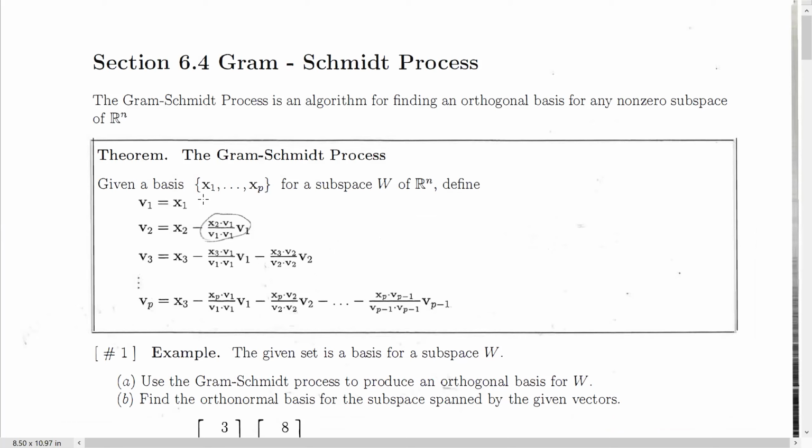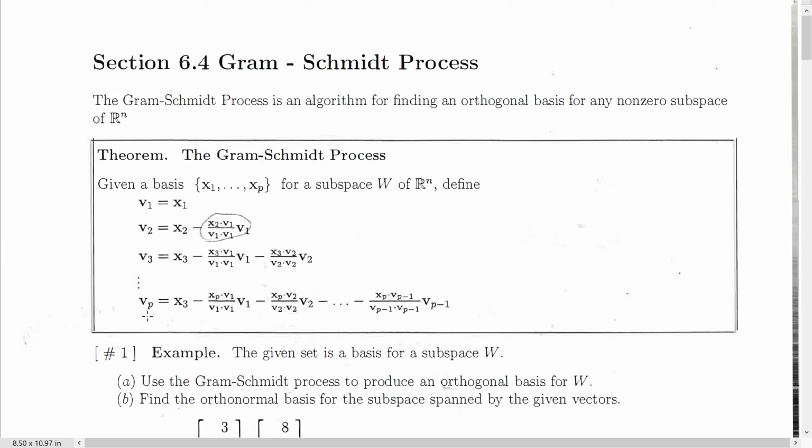If you have a given basis, so linearly independent vectors that span a subspace W in Rn, we define the first vector v1 as the first vector from the basis, v2 we define this way, v3 and so on. And those vectors v1, v2, v3 are orthogonal vectors. So the Gram-Schmidt process creates orthogonal vectors from a given set of vectors.